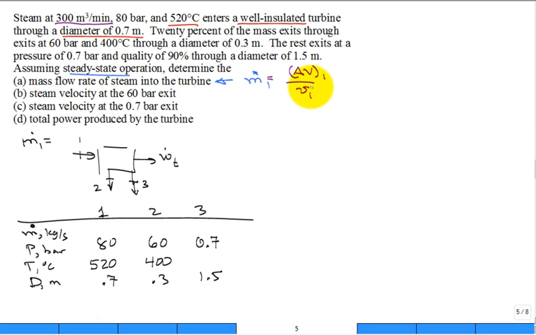And so we look over here and we say, is there a way that I can get the property specific volume in meters cubed per kilogram? I'm probably going to need it for all 3 states, so I'll put it in a table. And can you get that specific volume for the steam at state 1?